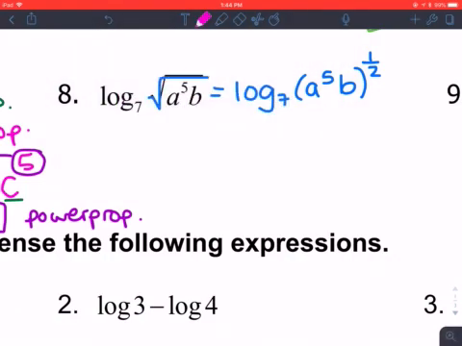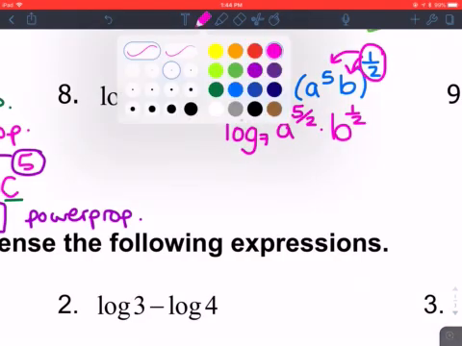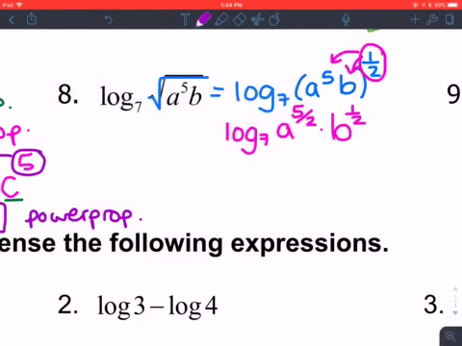All right, now I'm going to go a different route, and I'm going to distribute the 1/2 just so you can see another way inside my parentheses. So we have log base 7 of a to the 5/2 times b to the 1/2. And that's just the power property of exponents.